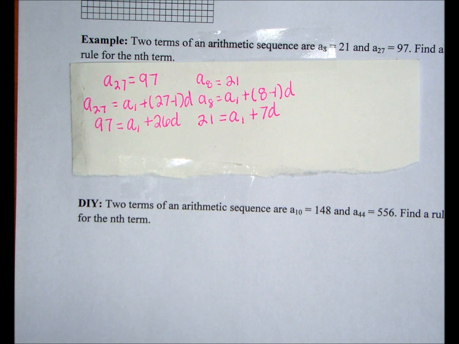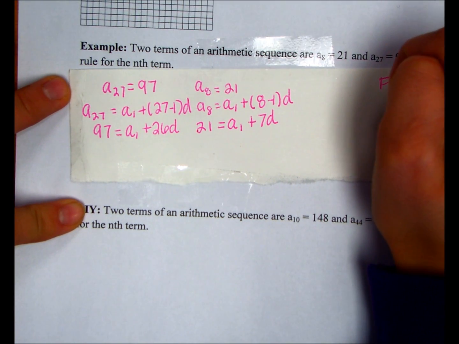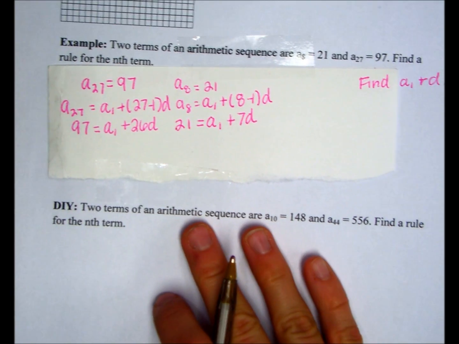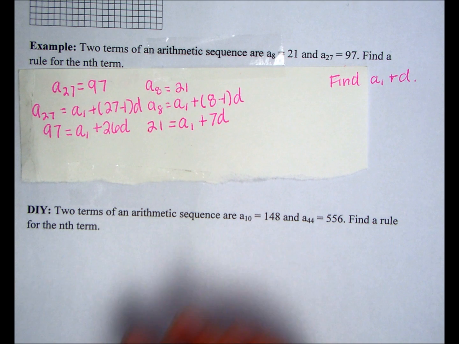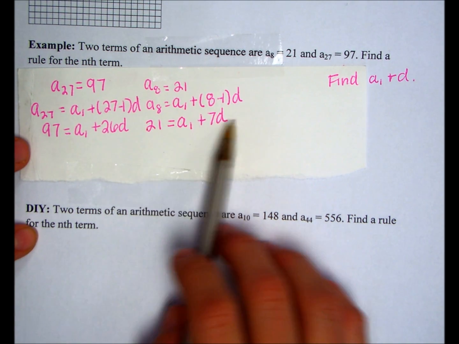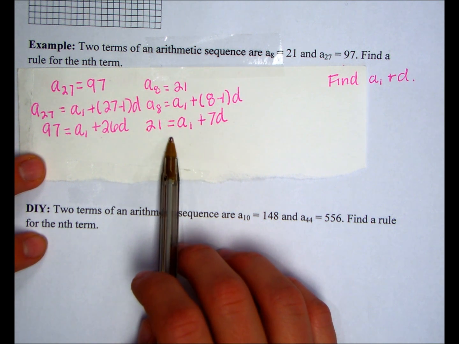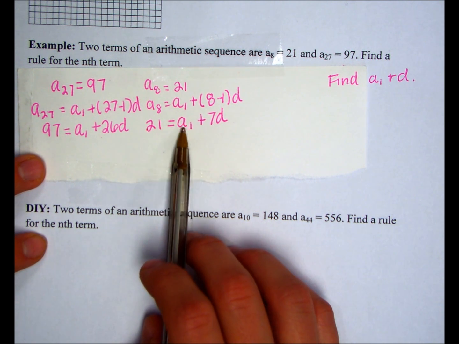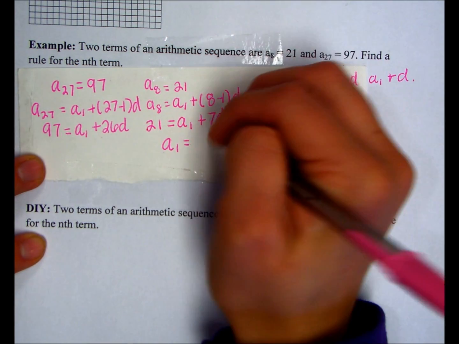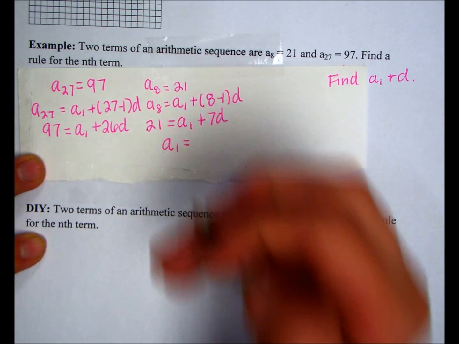Now I have two variables that I'm looking for. Remember, I need to find a sub 1 and d in order to write my rule. So what I'm going to do is solve this equation for a sub 1, and it really doesn't matter which one you work with here. So if I solve this for a sub 1, I'll get a sub 1 equals, all I'm going to do is move the 7d over by subtracting it.